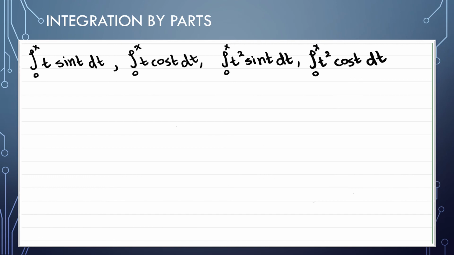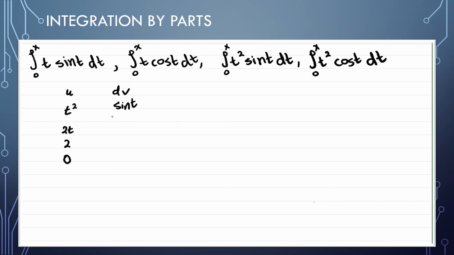Let's do the third one. We will take t squared as the u, and dv will be sine t. Okay, so here we will differentiate t squared. It will give us 2t, and then it will give us 2, and then 0, and we stop.